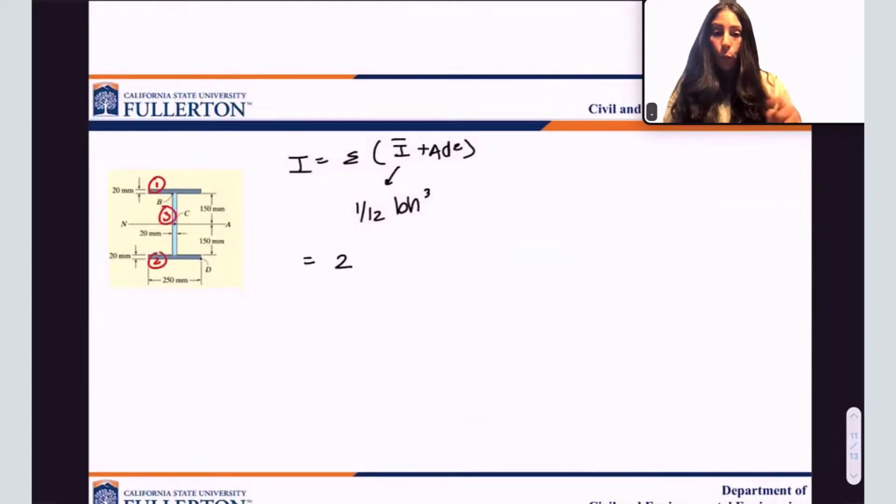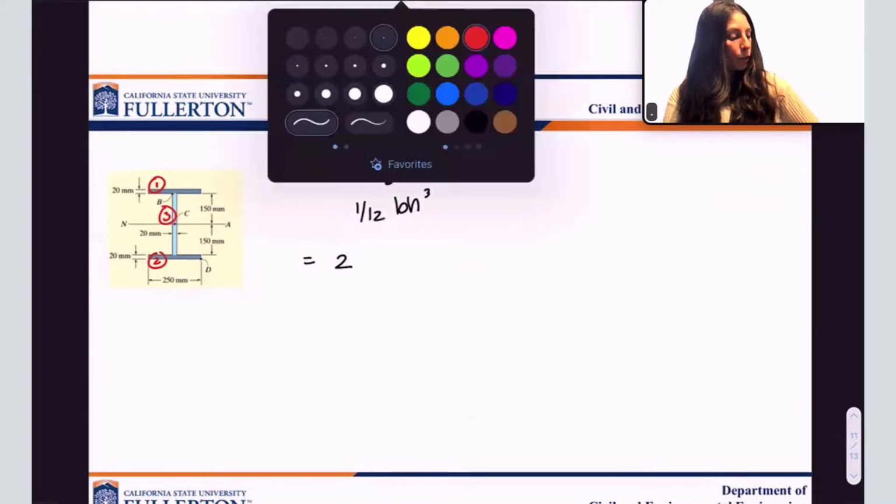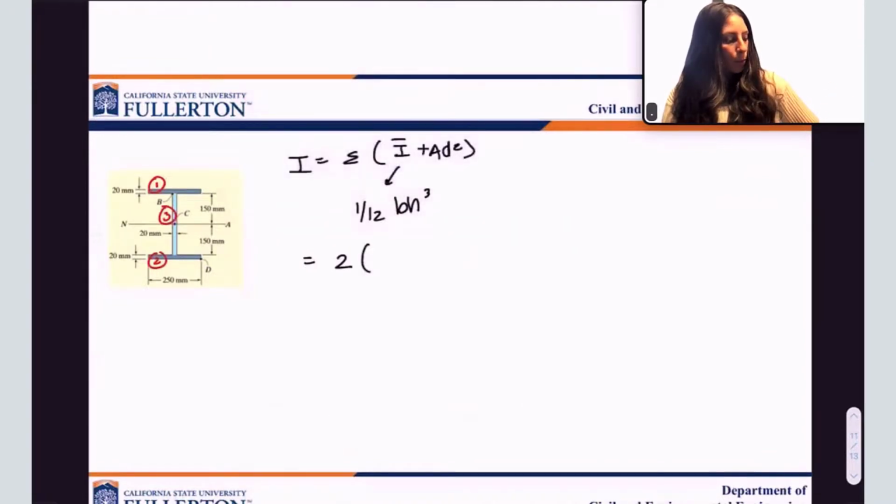So I'm going to add 1 and 2 together now. I'm going to do the moment of inertia for 1 and 2. So I'm going to put 1 over 12. What is the base? It's 250 millimeters, so it's 0.25 meters. What is the height of those sections? It is 20 millimeters or 0.02 meters.